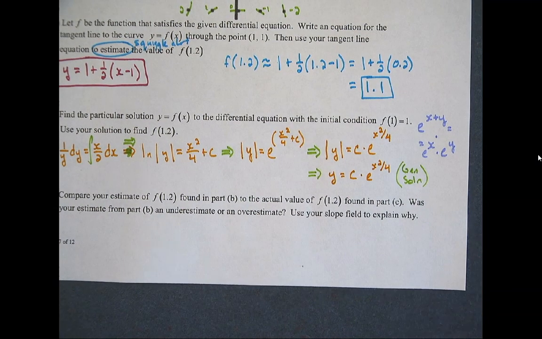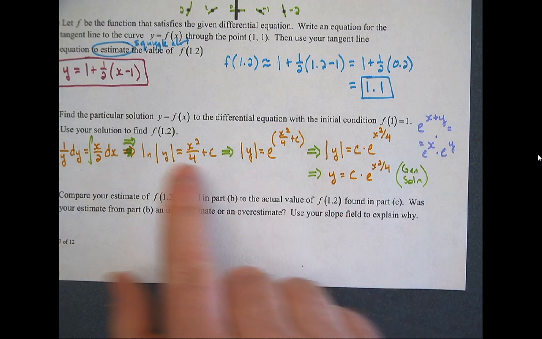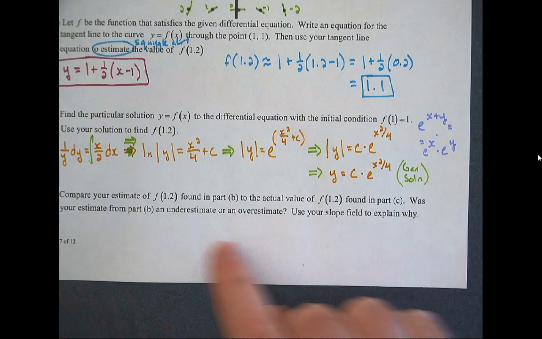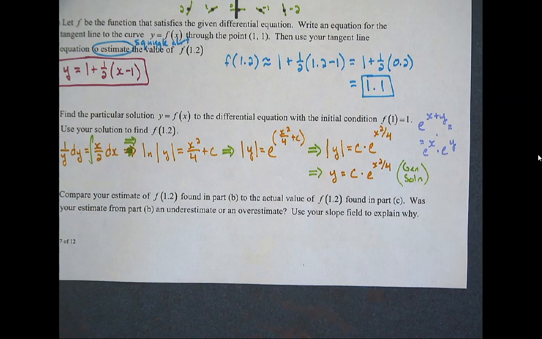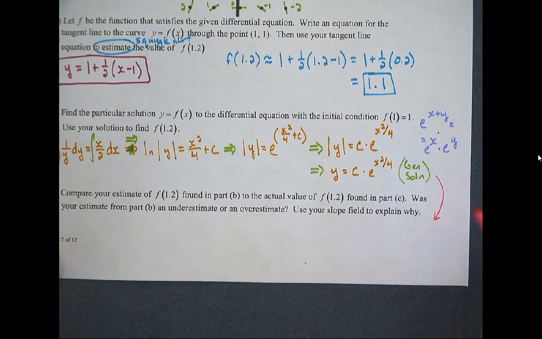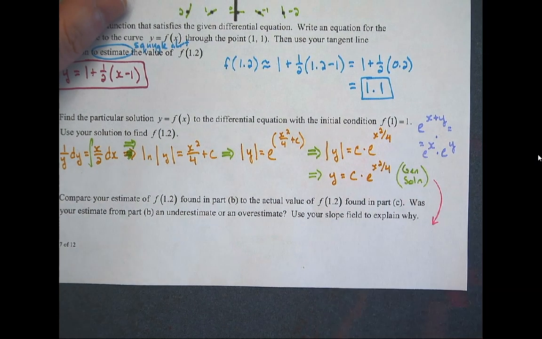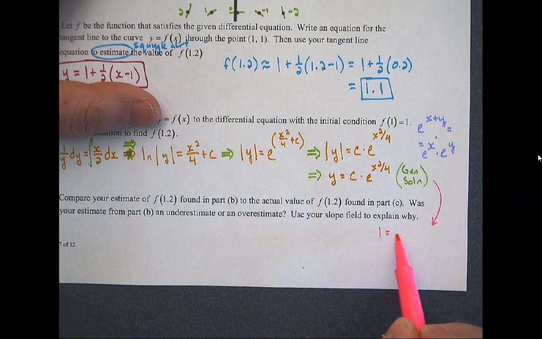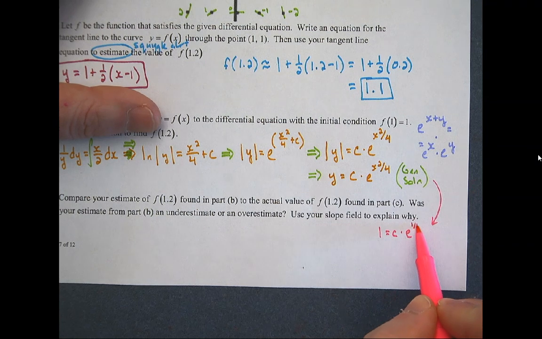Now, I clearly don't have enough room here. I'm running out of room. So I'm going to squeeze it down here. But we still need to use this to find the particular solution. So we have to figure out what c is when x is 1 and y is 1. So 1 equals c times e to the, let's put 1 right in there, e to the 1/4.